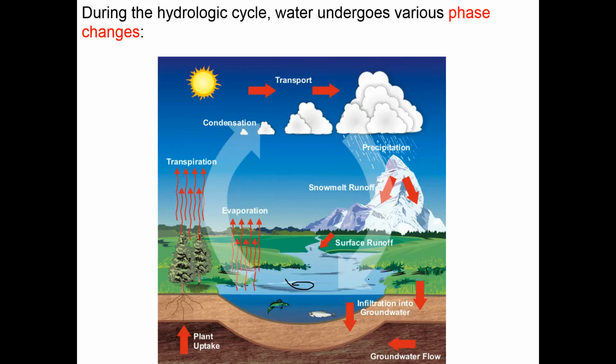Just in that description, we already talked about multiple processes of conversion: liquid to gas, gas to liquid, liquid to solid, solid back to liquid, and then the cycle completes. Through all of that, there is energy being used up during that process.